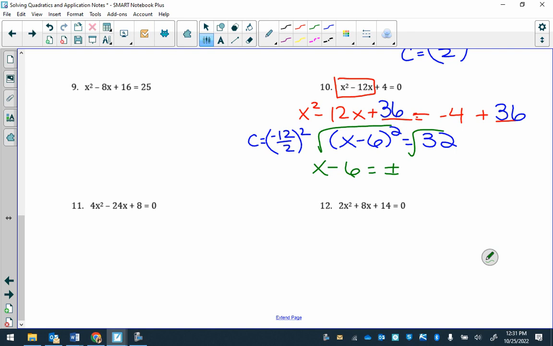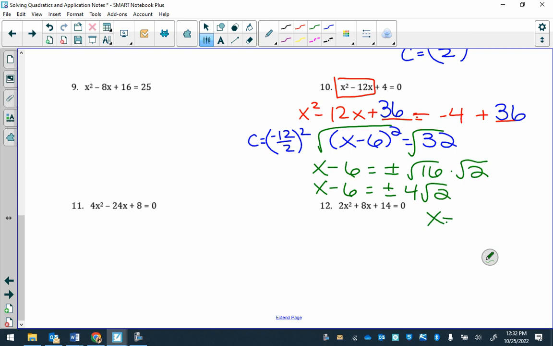Okay, 4 could be one. 16 is another. So I'm going to show both ways. So with 16, what is the square root of 16? So right now we have x minus 6 equals plus or minus 4 root 2.